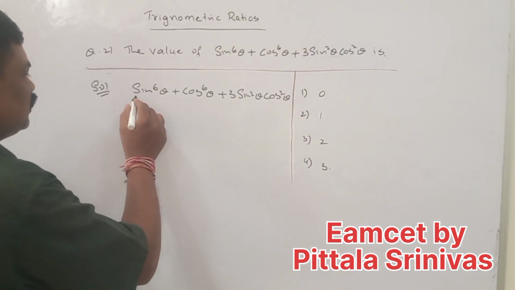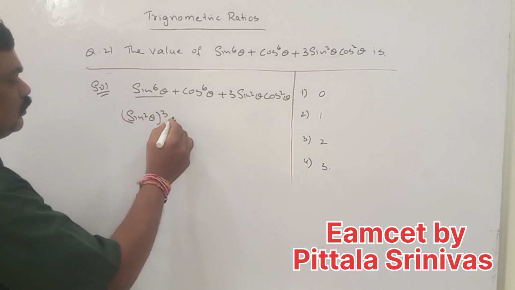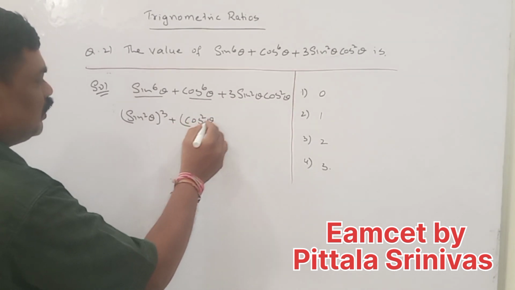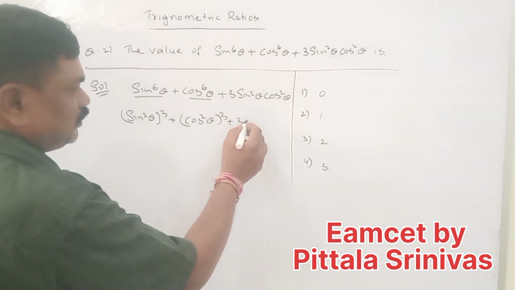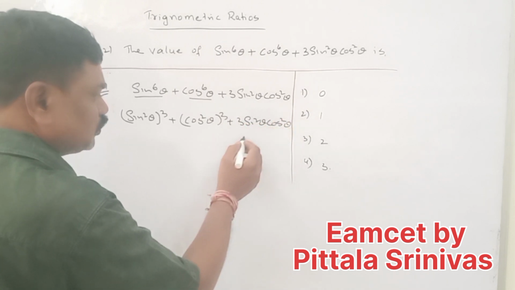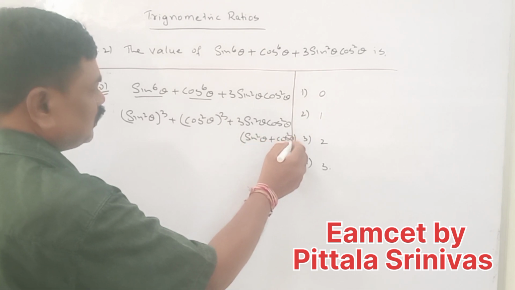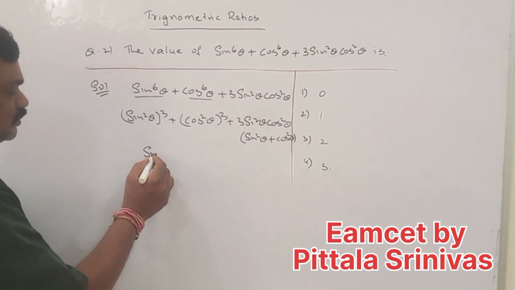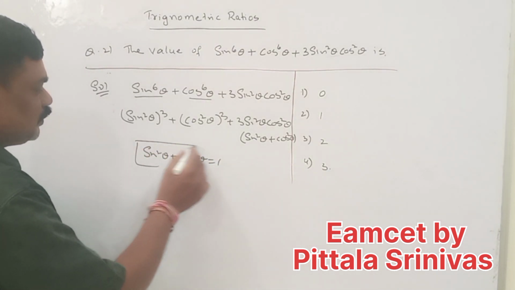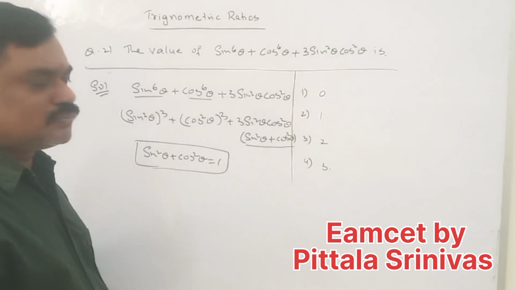This can be written as sin square theta whole cube plus cos square theta whole cube plus 3 into sin square theta cos square theta into 1, that is sin square theta plus cos square theta. Why? Because sin square theta plus cos square theta is equal to 1. So you have to write into sin square theta cos square theta.